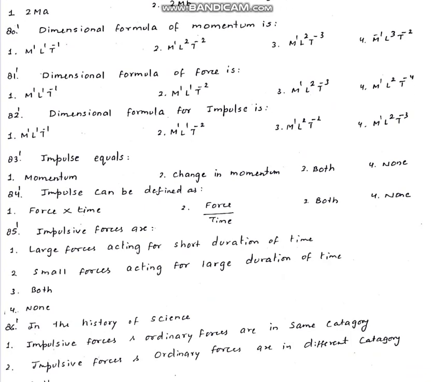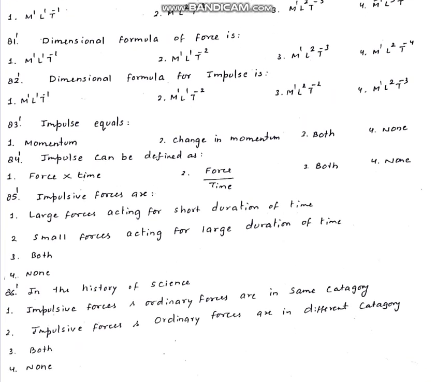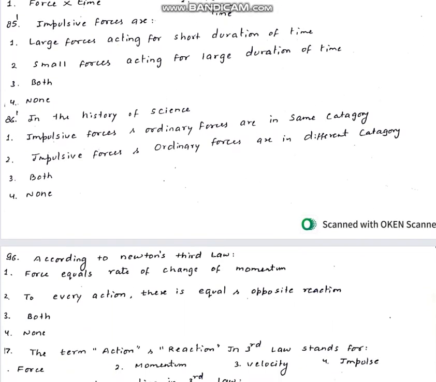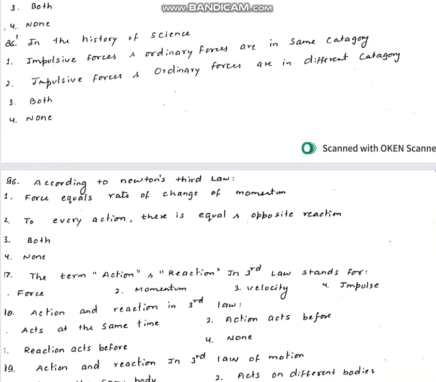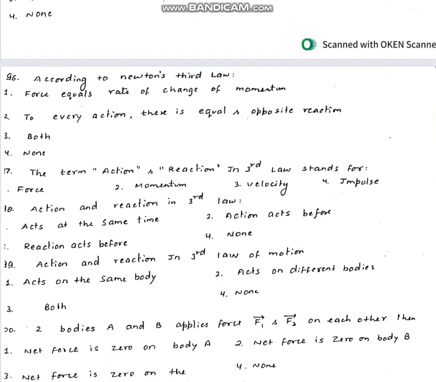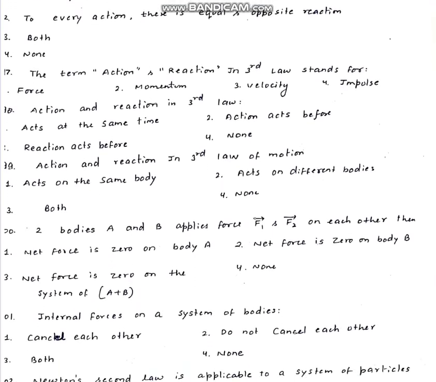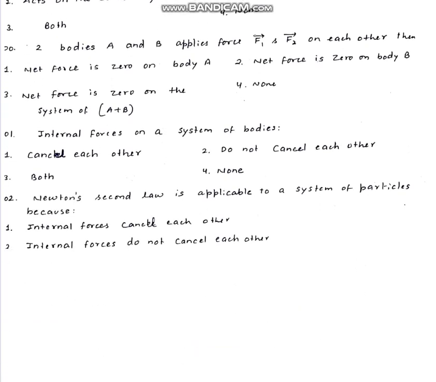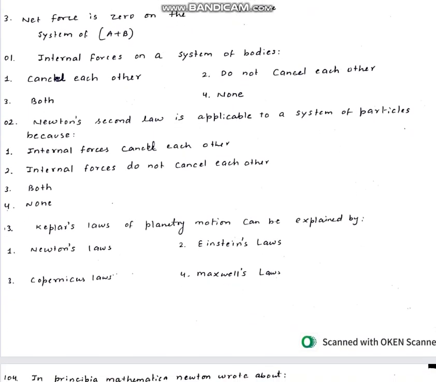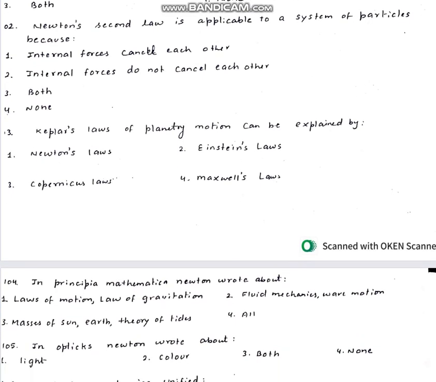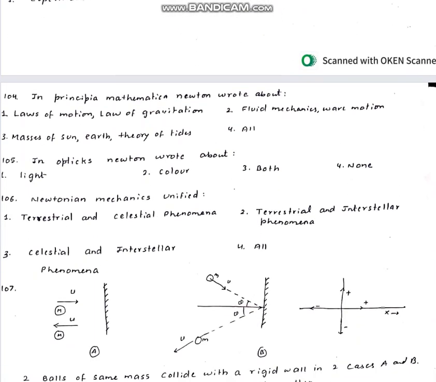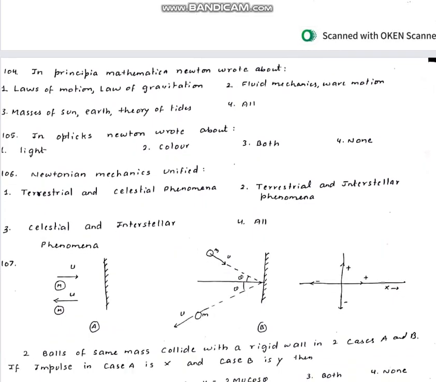Then there are questions on dimensions of momentum, force, impulse, the relation between impulse and force, then impulsive forces, then history of science, then Newton's third law, action reaction, their continuity, bodies on which they act, and there are two forces, internal and external forces, then the second law, Kepler's law of planetary motion, then Principia Mathematica.